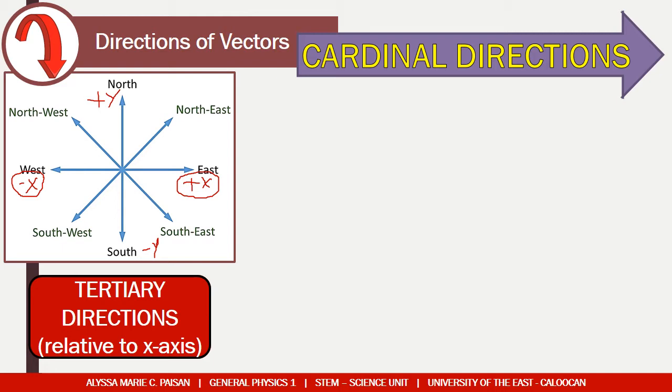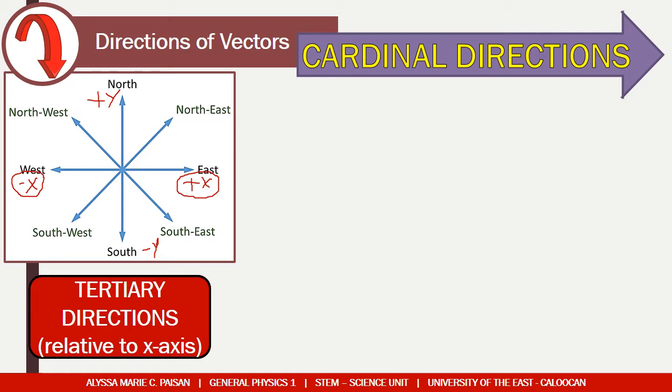So this time, these are the cardinal directions that are quite confusing, okay? So I'm going to show you two types, but we're actually going to use the tertiary directions relative to x-axis. Meaning, in our computations, in answering problems, in adding vectors, we're going to use these directions.